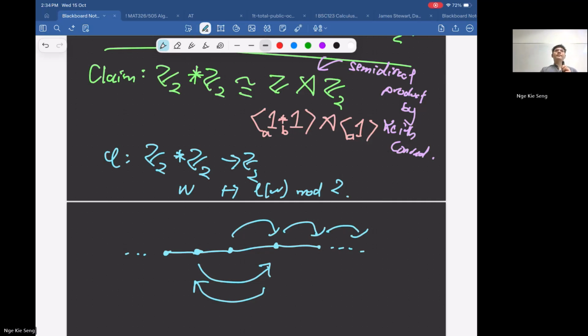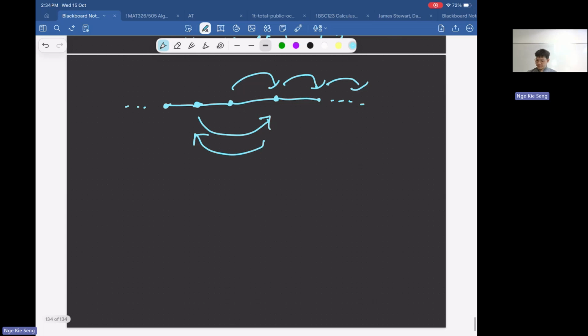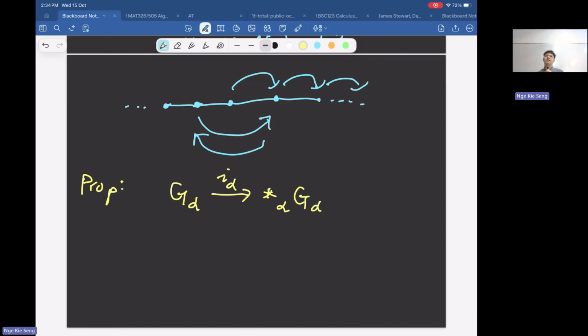Another nice thing about this free product is, if you have G alpha included into our free product set here, and let's say all these G alpha have a map into another group H, then it will induce a unique map from this free product into H as well.